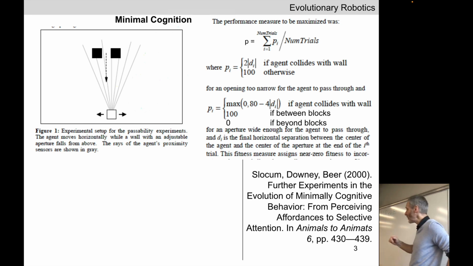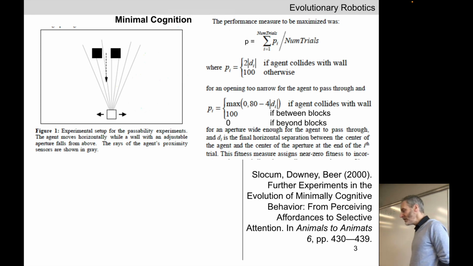In this particular paper, from which we're going to draw these 4 experiments today, they evolved robots to detect a particular affordance, which is passability. Most affordances end in -ly or -le. It's passable, it's impassable, it's graspable, it's not graspable, it's sittable, it's not sittable. Another way to think about affordances.